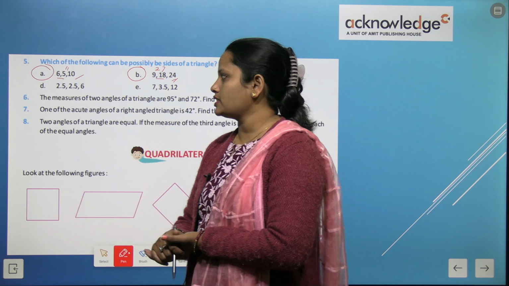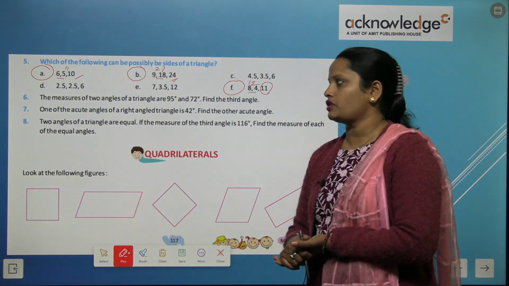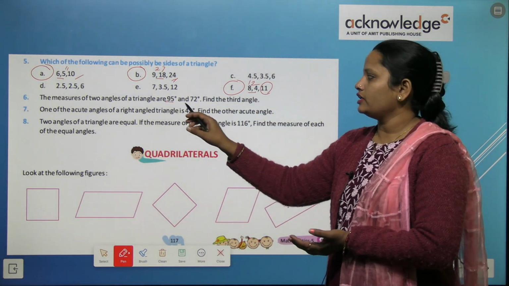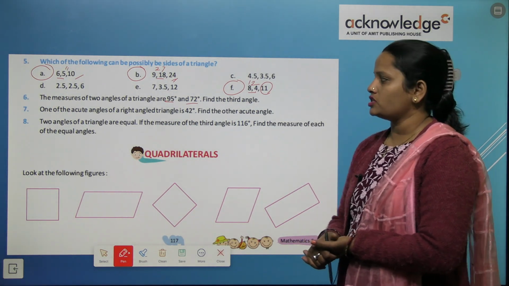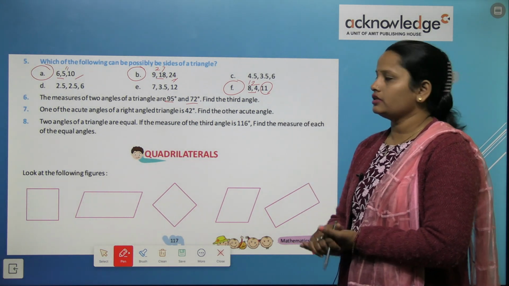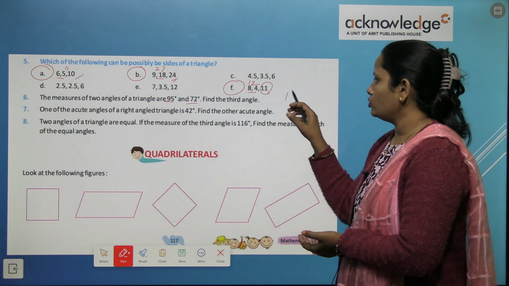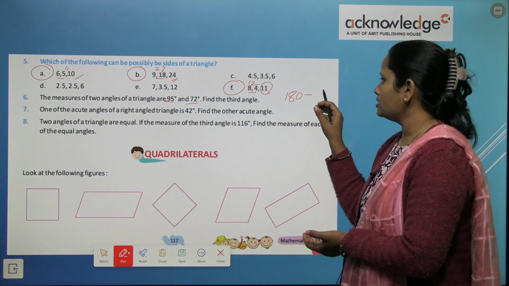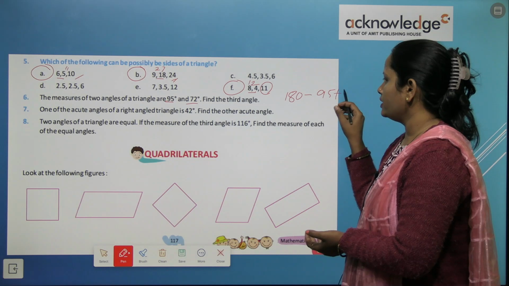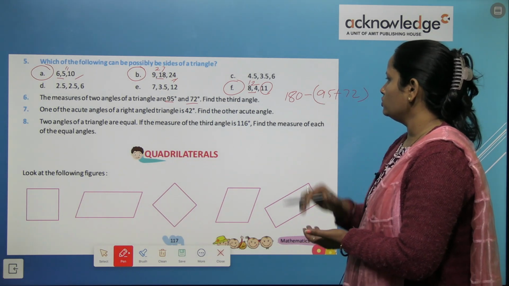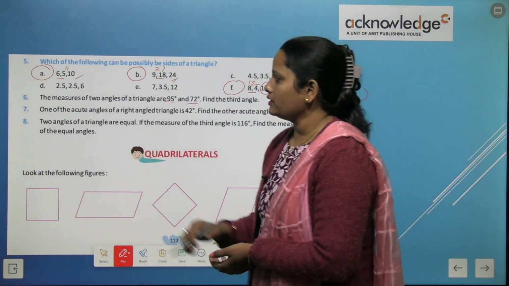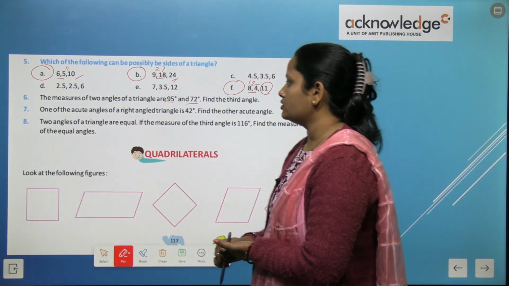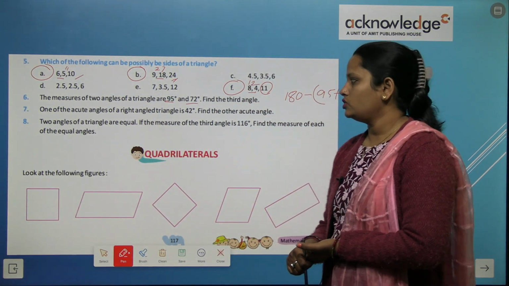Now question number 6 is the measure of two angles of a triangle are 95 degree and 70 degree. तो एक triangle है जिसके दो measures दिए गए हैं. Find the third angle. So same we have to do 180 degree minus 95 plus 70. We have to do. We will get the third angle. Question number 7 is one of the acute angles of the right angle triangle is 42.